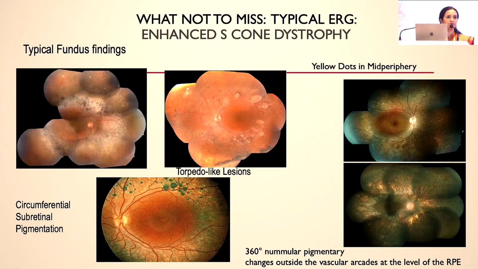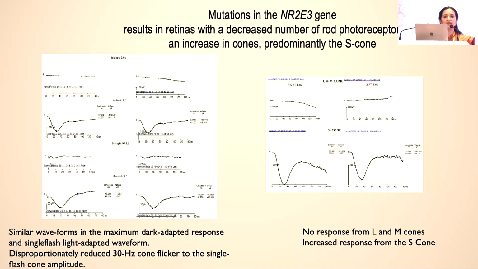But a couple of things you must keep in mind is the diagnosis of enhanced S-cone dystrophy. If you see an ERG like this, which has a similar waveform in photopic as well as scotopic readings, it could be because of enhanced S-cone, and a single gene, NR2E3, could be responsible for this type of phenotype.